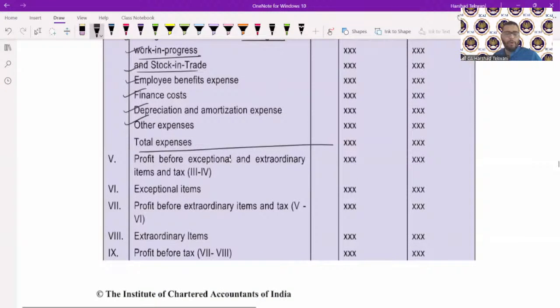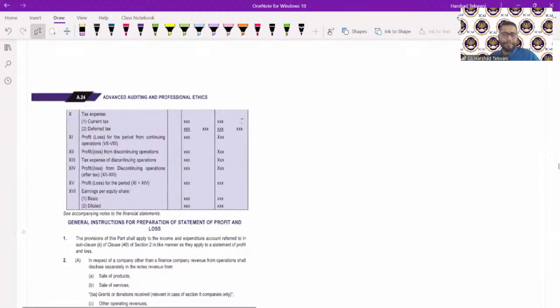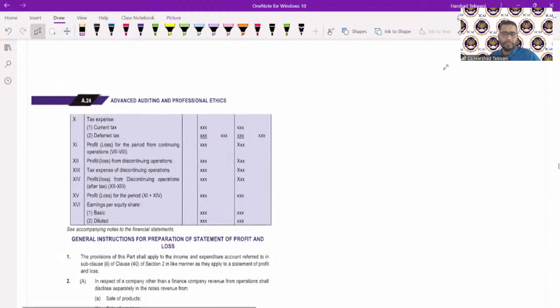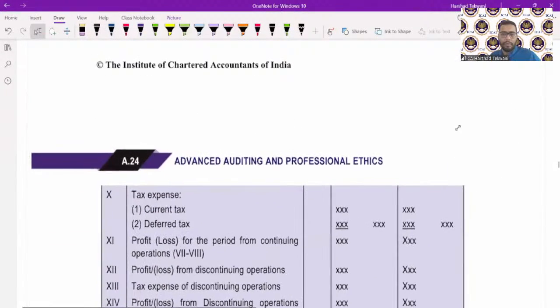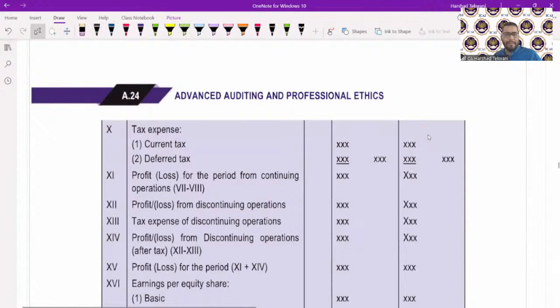If you compare total expense and total revenue, you get profit before exceptional and extraordinary items and tax. Include exceptional items, then profit before extraordinary items. If you include extraordinary items, then profit before tax, and then tax expense, which is your current and deferred tax.